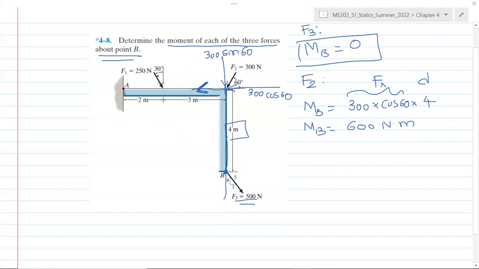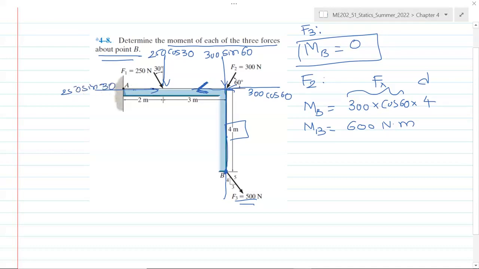So here the angle is given between the vertical line and F1, and remember cosine closes the angle. So the cosine component here is 250 cosine 30, and this is 250 sine 30.